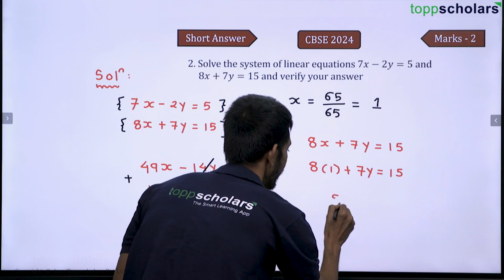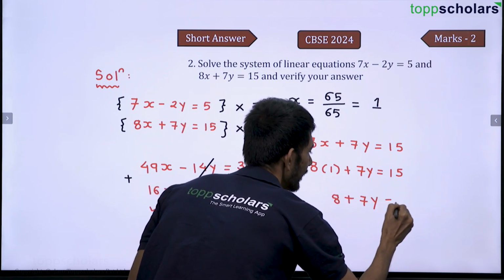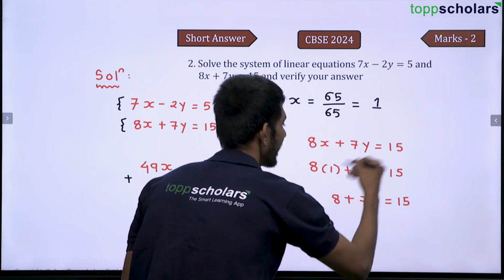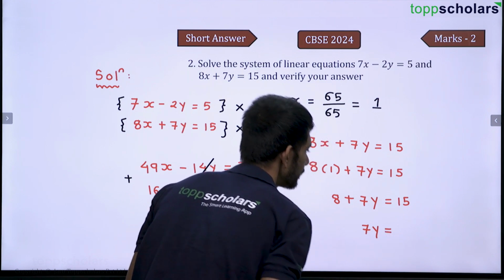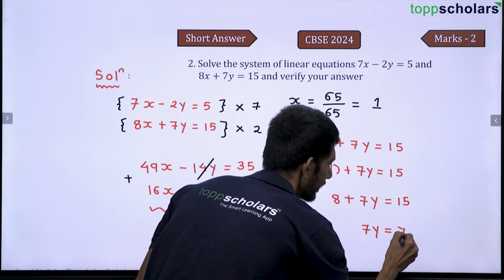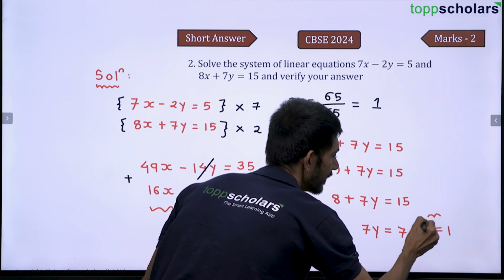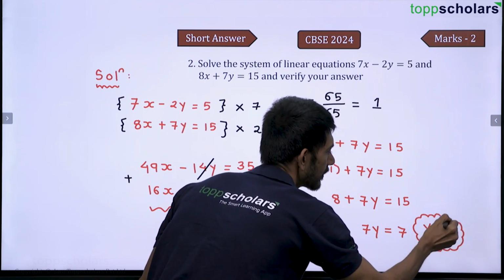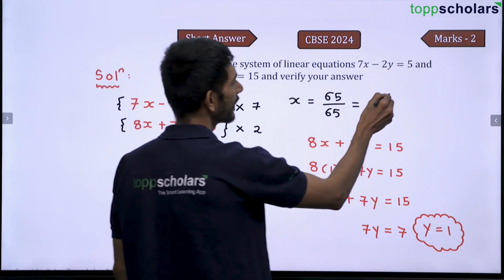So I get 8 plus 7y is equal to 15. We can shift 8 on the other side. So I get 7y is equal to 15 minus 8, that is 7. So y will be equal to 7 divided by 7, that is 1. That's it. So the value of y is 1 and the value of x is also 1.